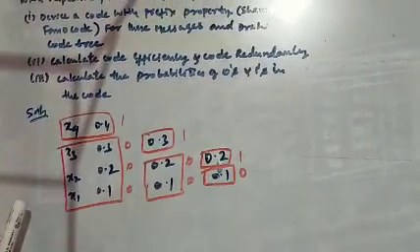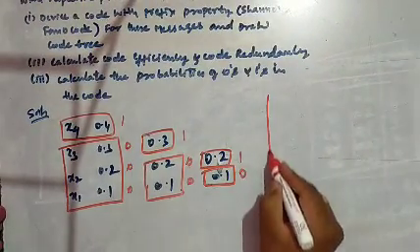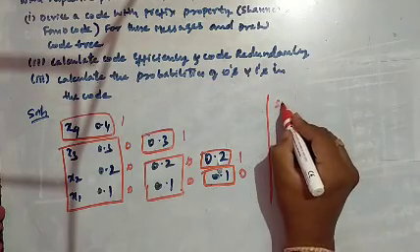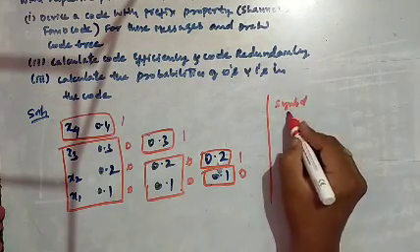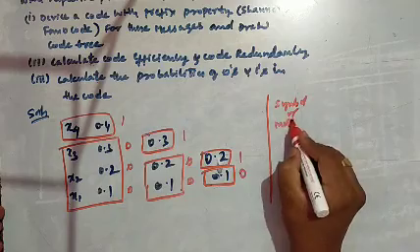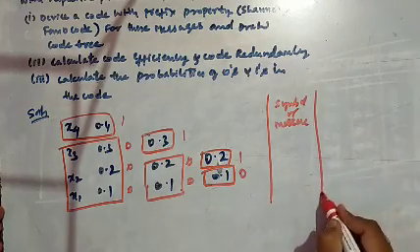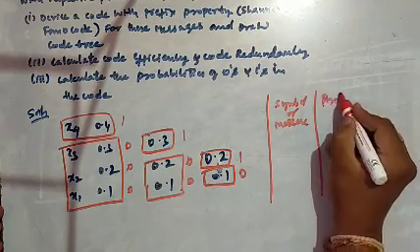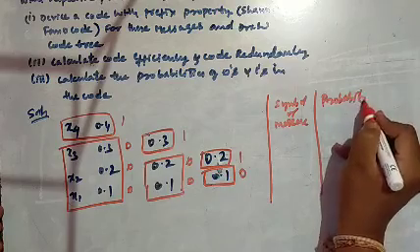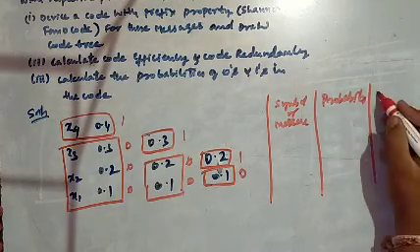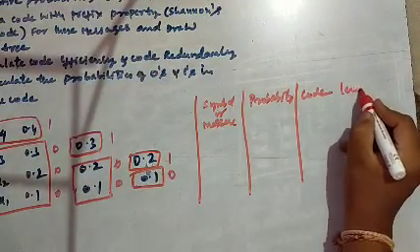Now I'll write the table for this: the symbol or message, the probability, their code and their length.